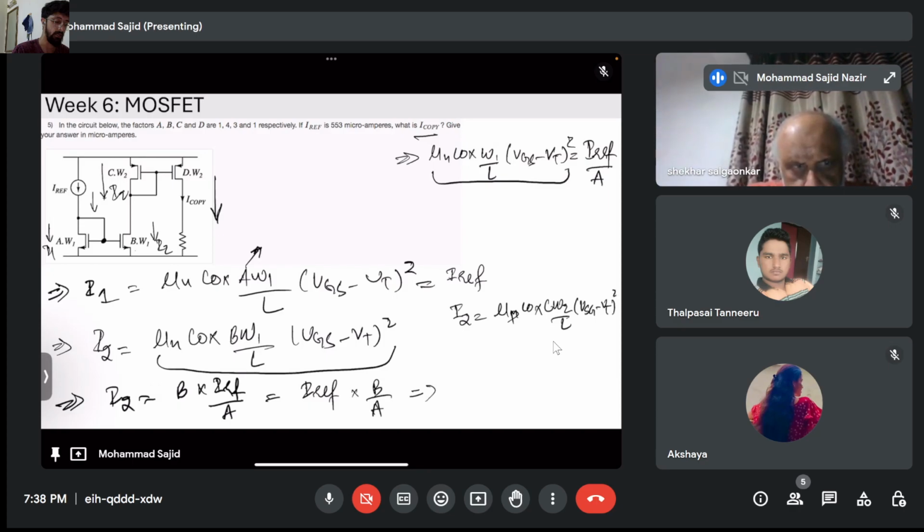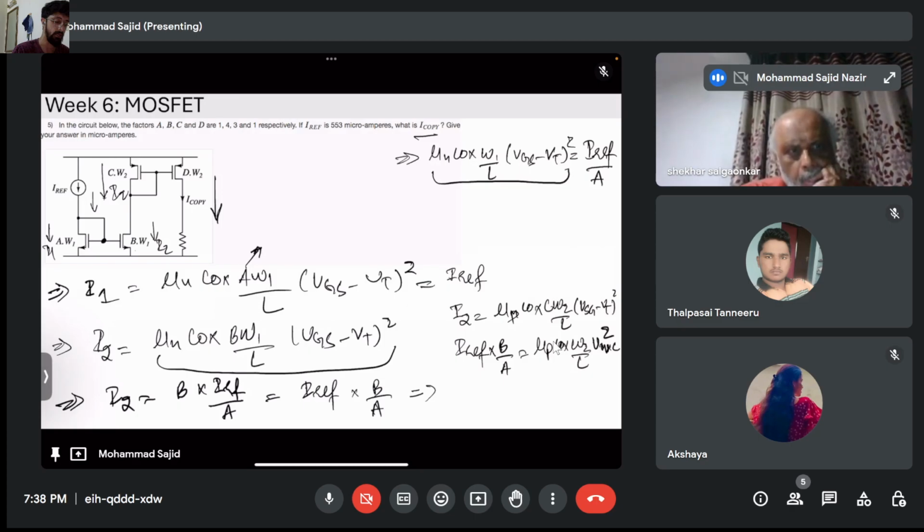And I2, you know, is I reference times B by A, and I can write it equivalent to mu n Cox W2 by L, let me just call it V overdrive whole square, multiplied by C.